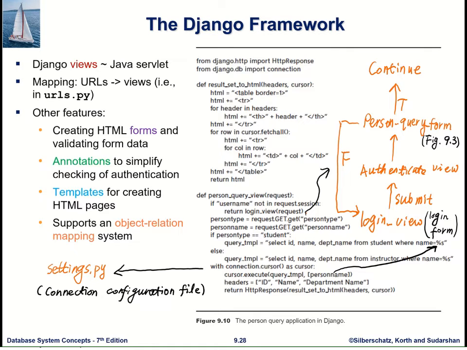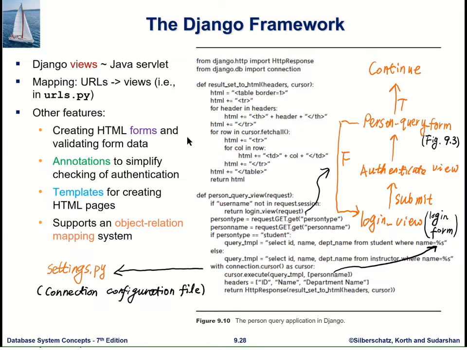Okay, this is one example. In fact, besides these things, you can find that we can handle the request, do the database query, and user authentication. We can do something else. So we list several other features here. In fact, we can create HTML using Django. We can create HTML forms and also validate those forms.